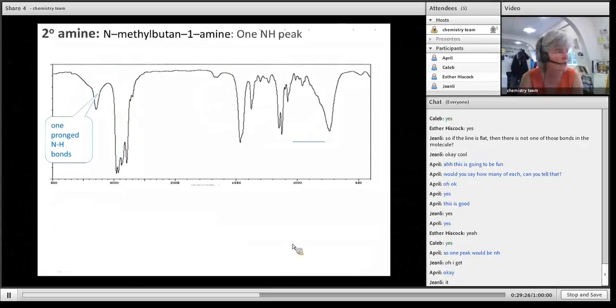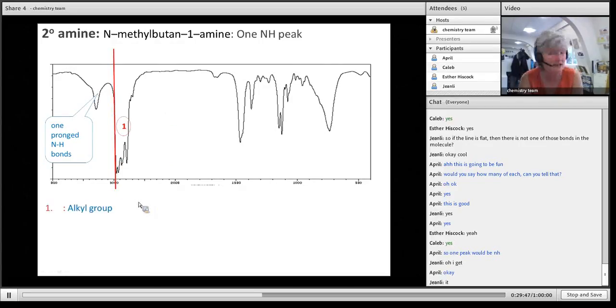Okay, so here's an example of a secondary amine. Do you see it's not a parabola? It may be bigger, but it'll still not be a parabola. So you should always be able to distinguish between an OH and an NH. Look there, go to the right.